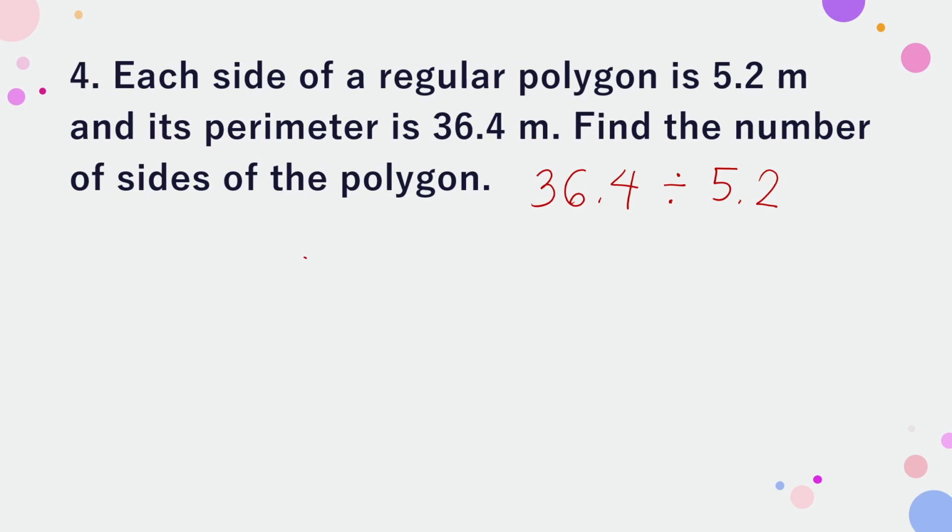Move the decimal, correct? If I move this once, I also move the decimal point in the dividend once. So in solving this, I have 364 divided by 52. Now, what is 364 divided by 52?